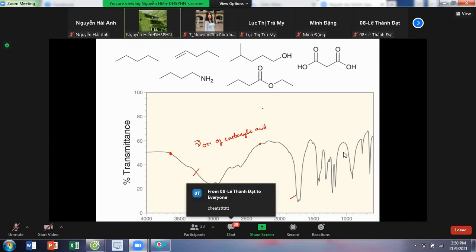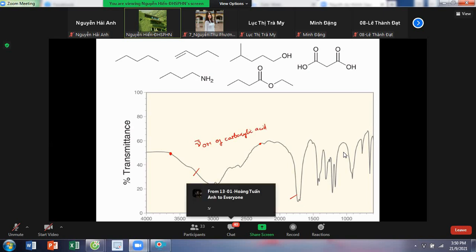And actually you see two carbonyl signals. Yeah? You see two signals for the carbonyl. Actually, you see two.